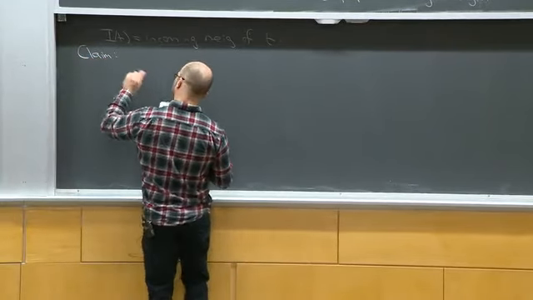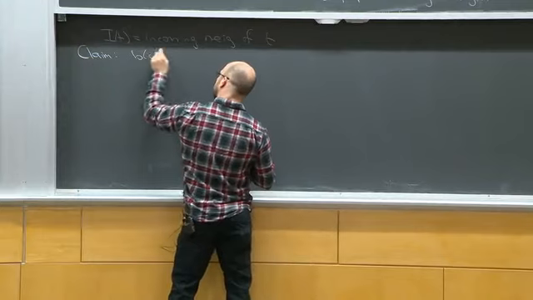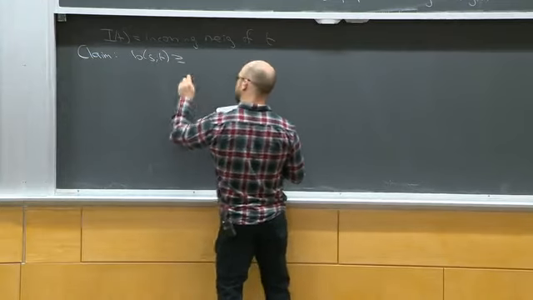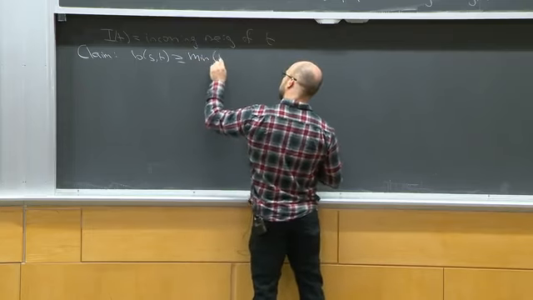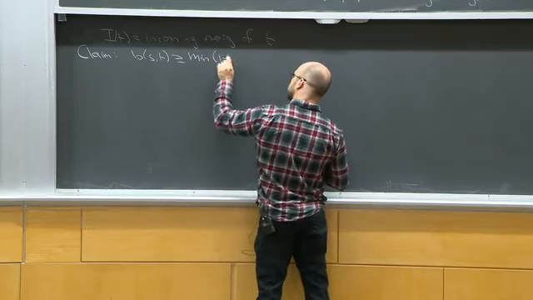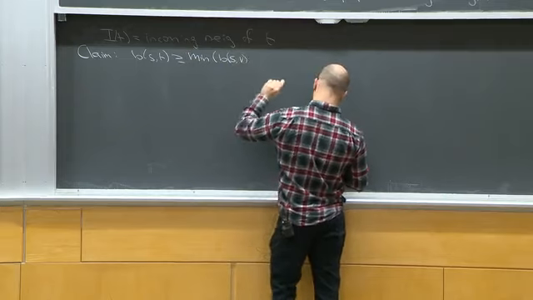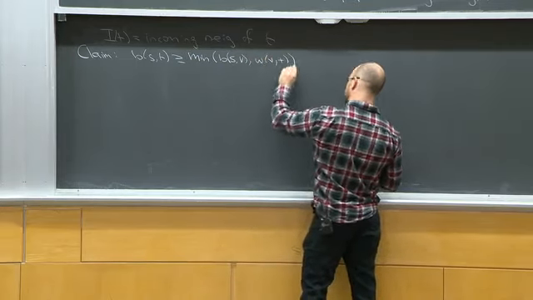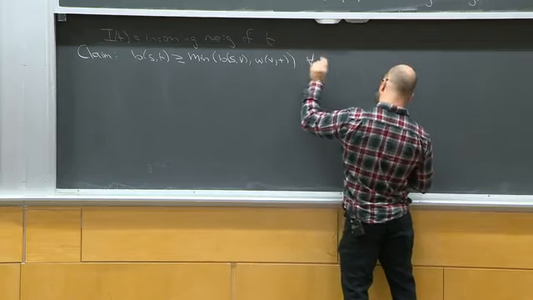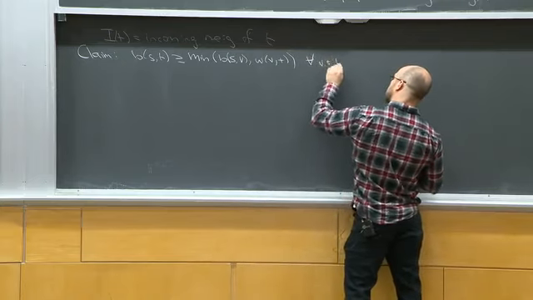Claim, which is that B(s,t) is bigger than or equal to the min of two values, B(s,v) or w(v,t) for all v in I(t).